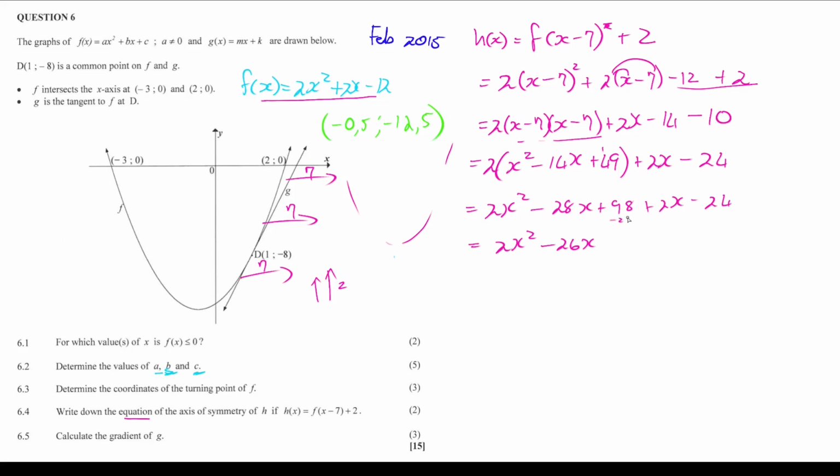What's 98 minus 24? That gives me 74 positive. Boom, which is nasty but doable, right?